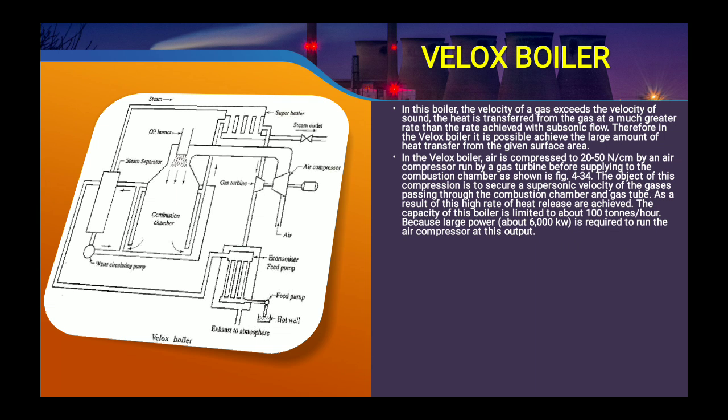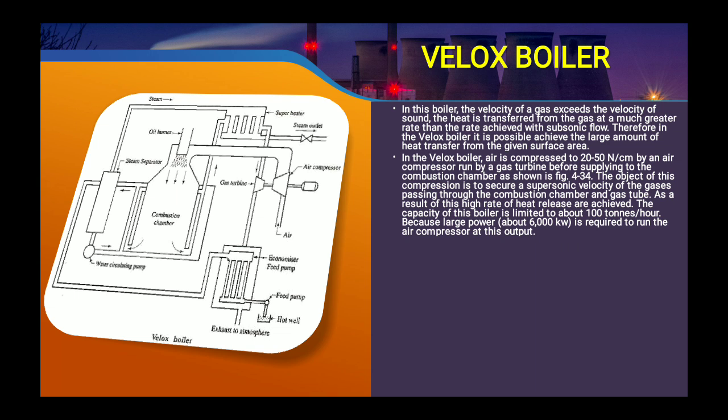In the Velox boiler, air is compressed to 20 to 50 Newton per centimeter square by an air compressor run by a gas turbine before supplying the combustion chamber. The object of this compression is to secure a supersonic velocity of the gases passing through the combustion chamber and gas tube.